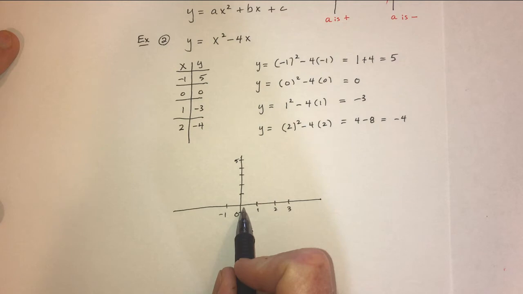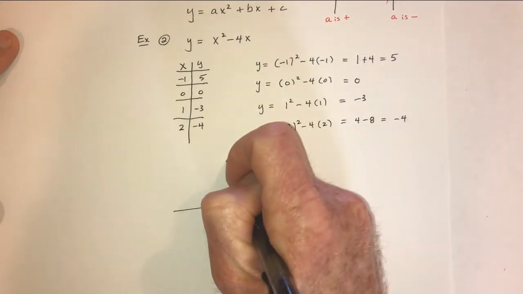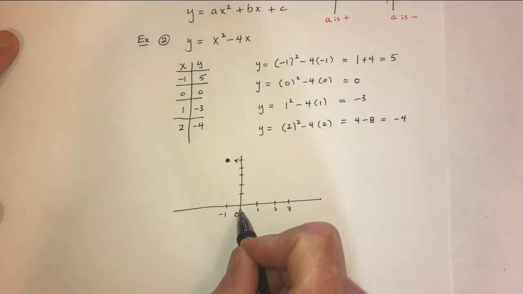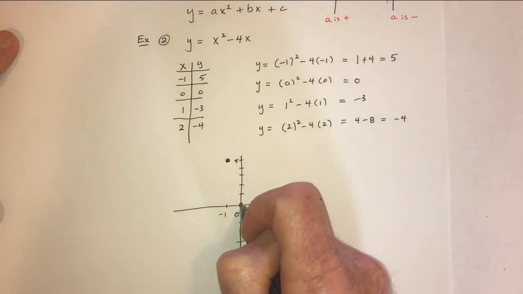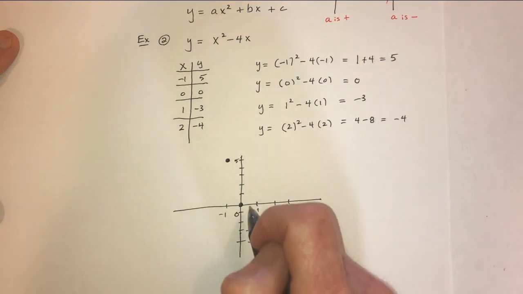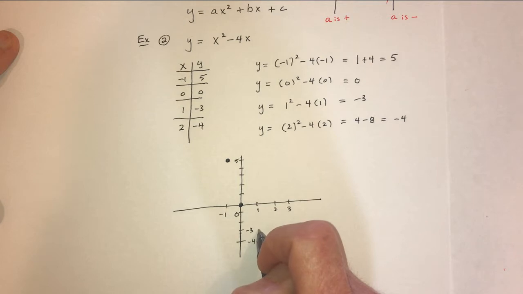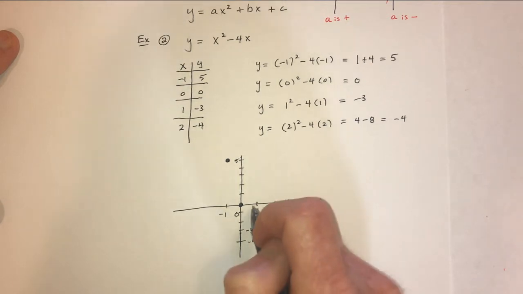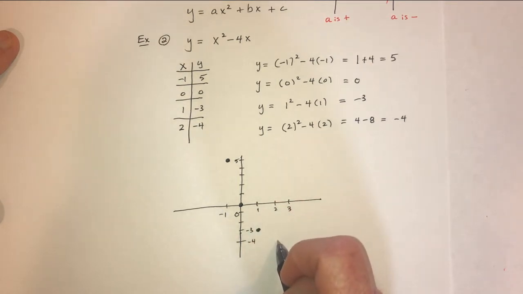Okay, so -1 and 5 is this point. 0, 0, that's the origin, that's right here. Then go to 1 and -3, and then 2 and -4.